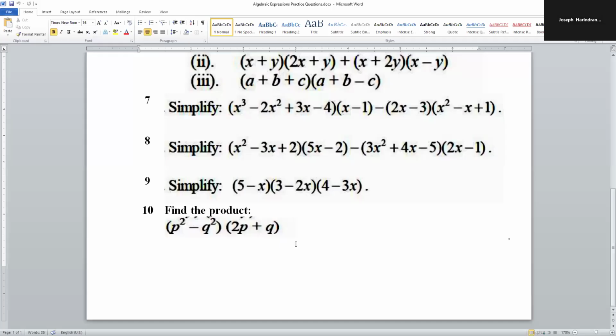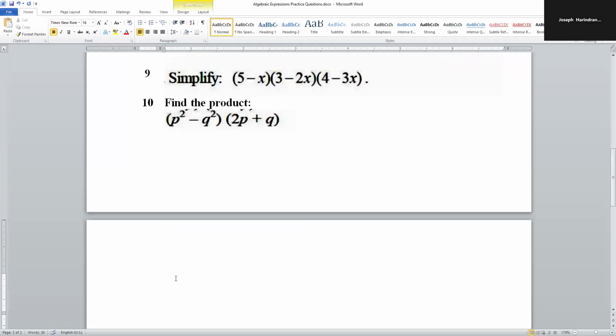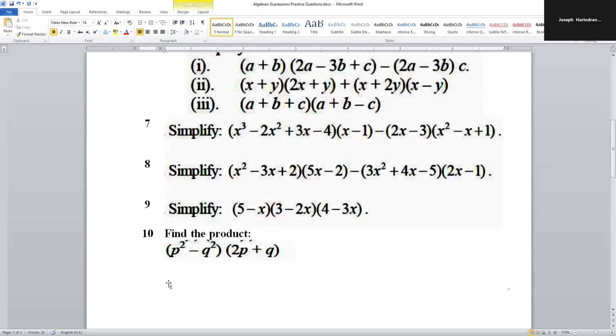Now we come to this expression. We'll work it out here. We have this expression x squared minus 3x plus 2, within a bracket.